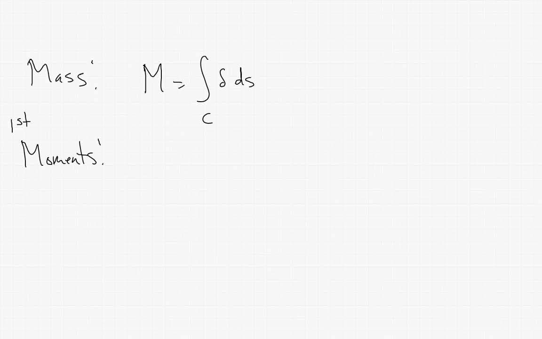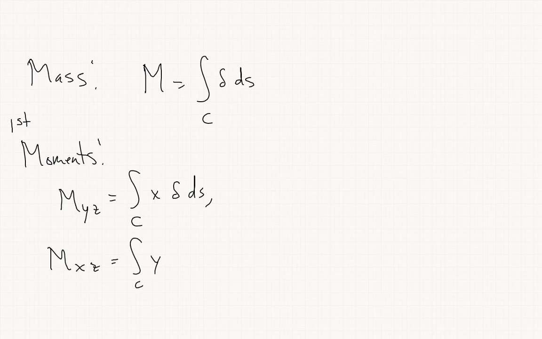The first moments are M yz, integral over C of x delta ds. M xz is integral over C of y delta ds, and M xy is integral over C of z delta ds.